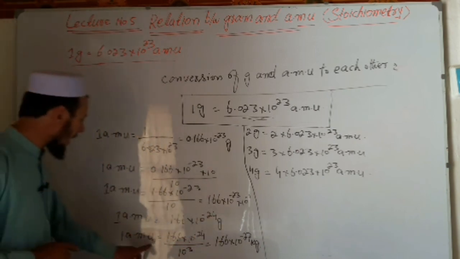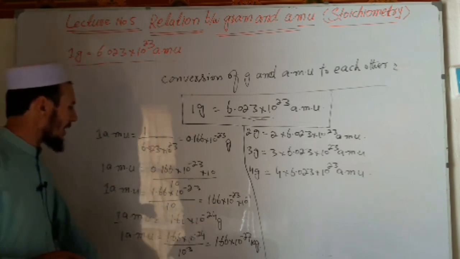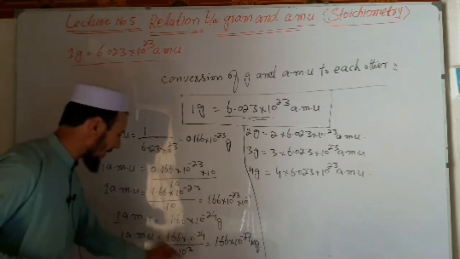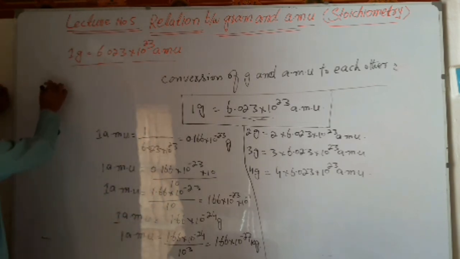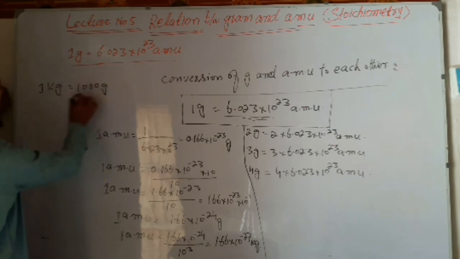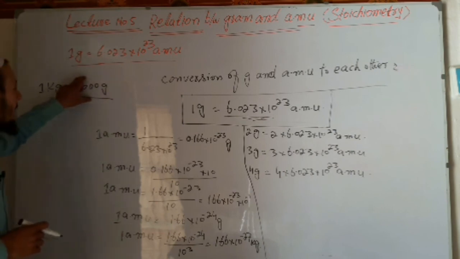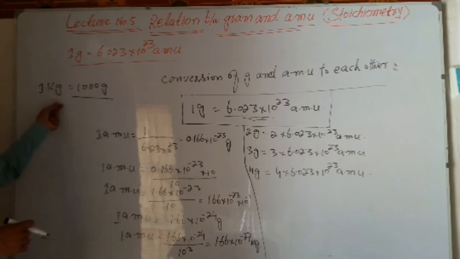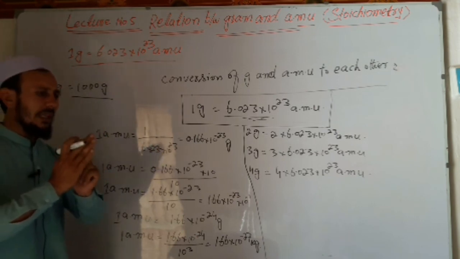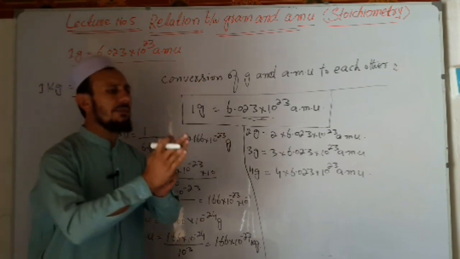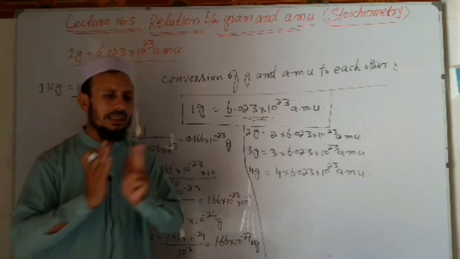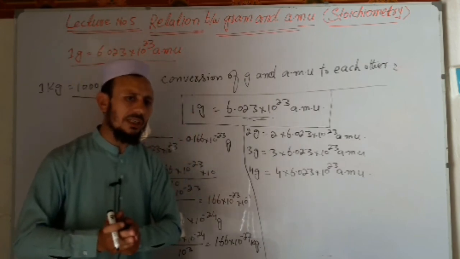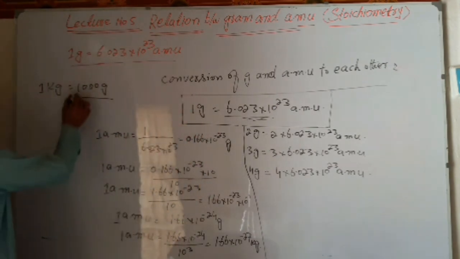gram. Now when this gram is converted into kilogram, it will be divided by the conversion factor, because the conversion factor between gram and kilogram, we know that 1 kg is equal to 1000 gram. So this is the conversion factor between gram and kilogram, such as when we convert kilogram into gram, then kilogram will be multiplied by the conversion factor, and when we convert gram into kilogram, then gram will be divided by the conversion factor, such as by 1000.